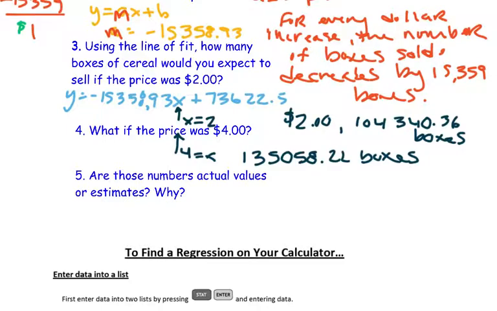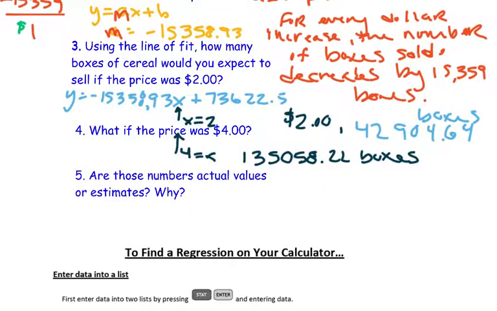Let's try that again. 2 times negative 15,358.93 plus 73622.5. So let's remember our negatives. So that means that we're actually going to have, for 2, 42904.64 boxes.